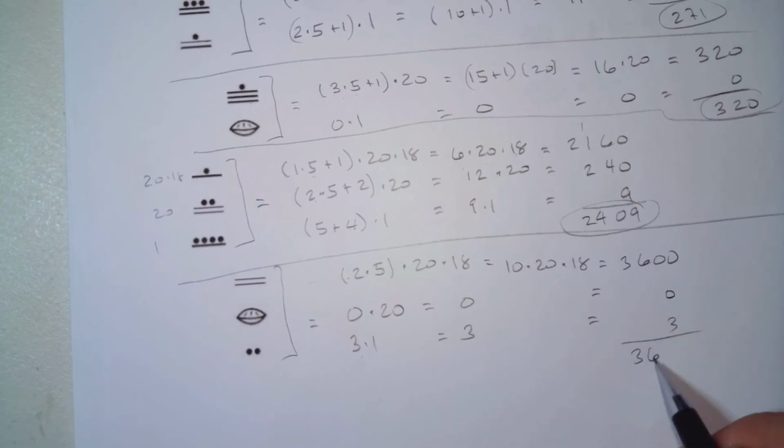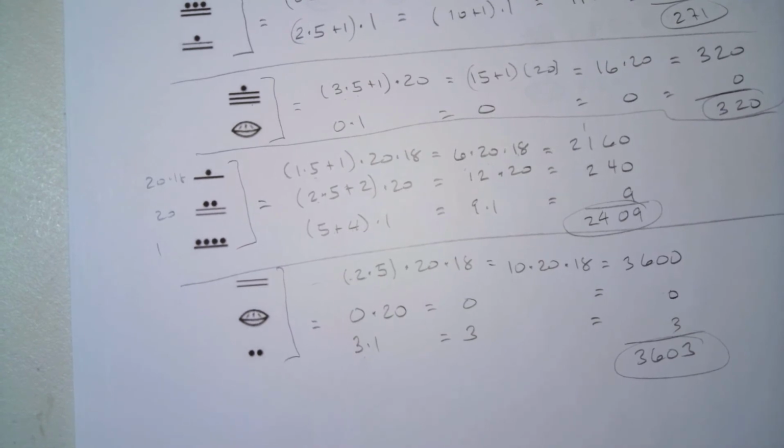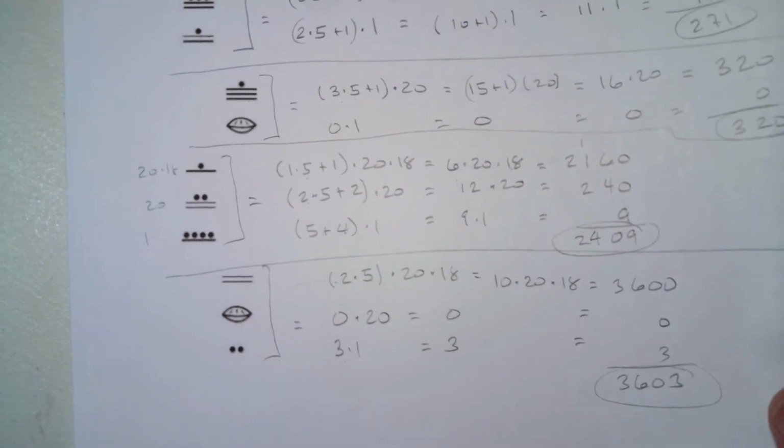Add those up, 3603. Right, so that's the Mayan representation.